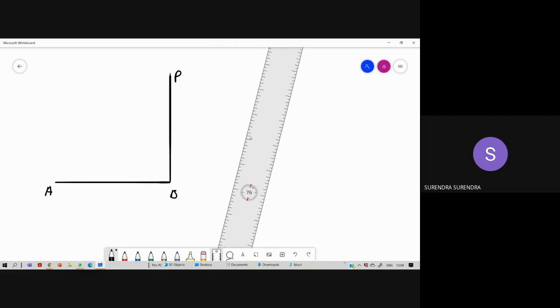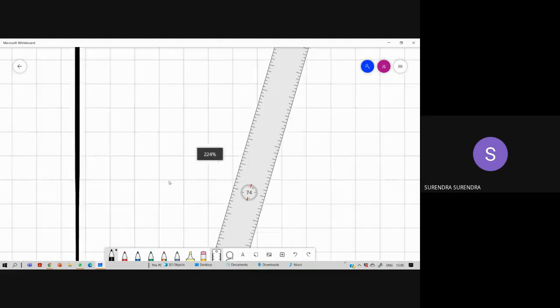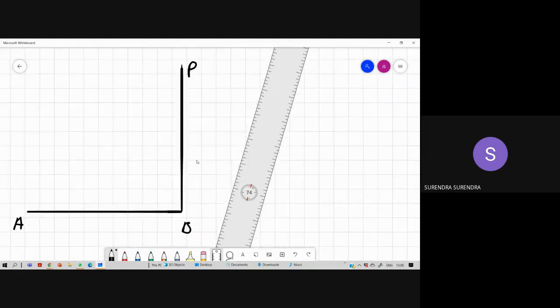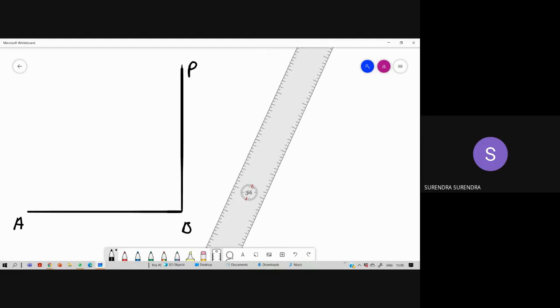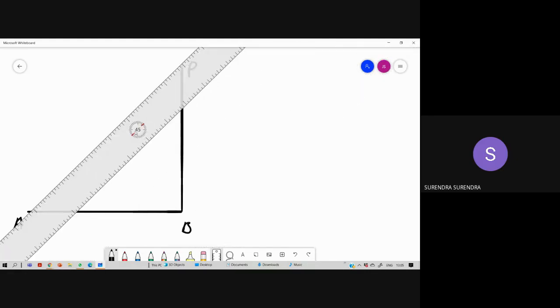If AB equals AP, we'll get an exact line at 45 degrees.